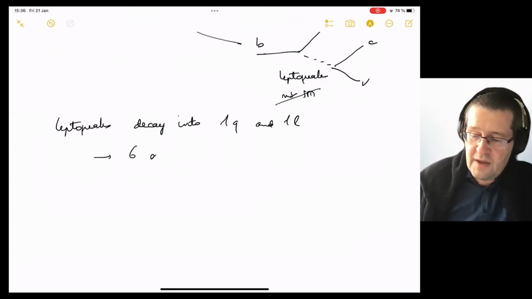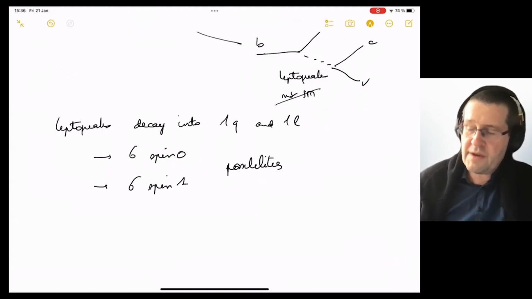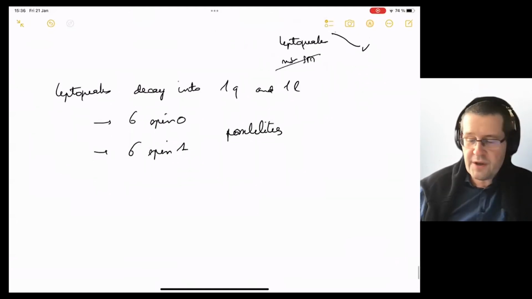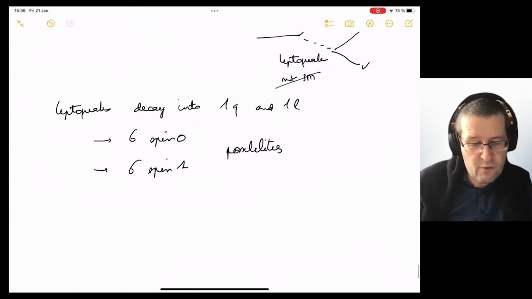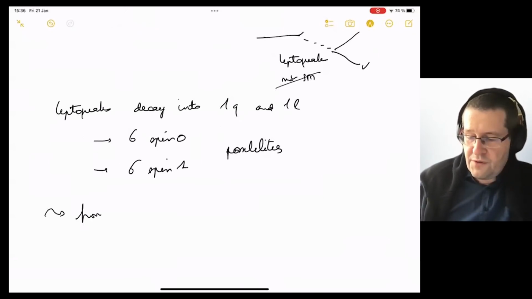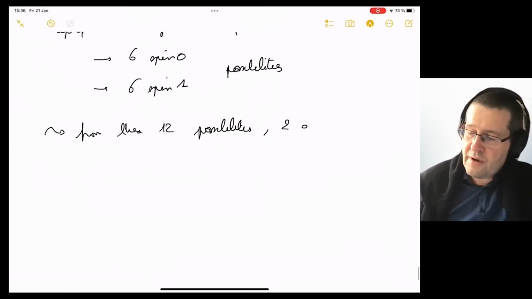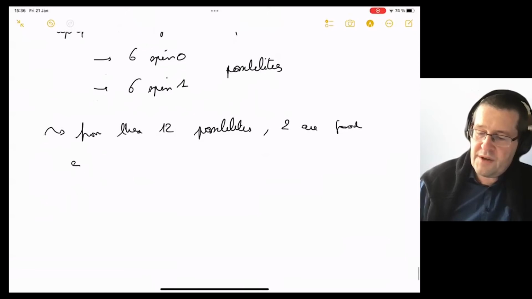You end up with 6 spin 0 and 6 spin 1 possibilities, depending on the objects you combine from the quark and lepton point of view. And actually, from these 12 possibilities, 2 are good explanations for B to C tau nu.